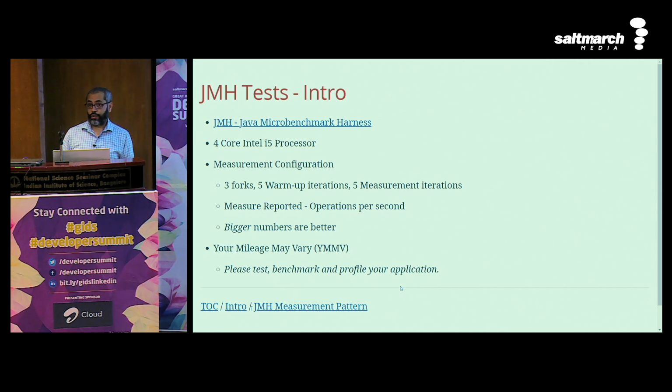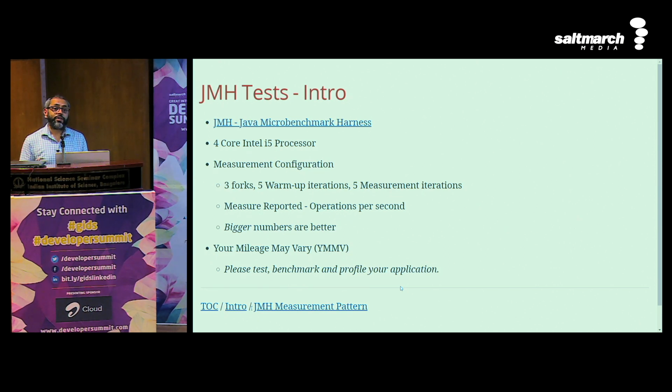I tested everything on this laptop, which is a 4-core Intel i5 processor, while it was doing nothing other than some background OS tasks. I wasn't opening Gmail or something like that, because it's super important that you don't influence anything. Believe it or not, it does influence the metrics.